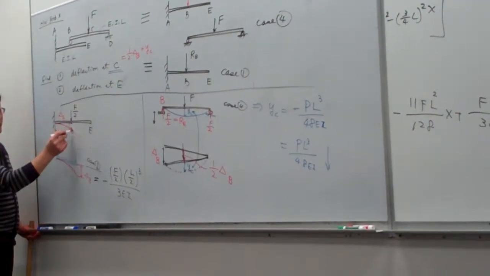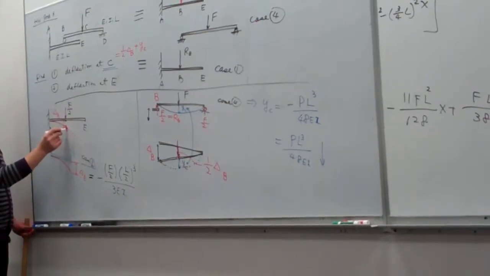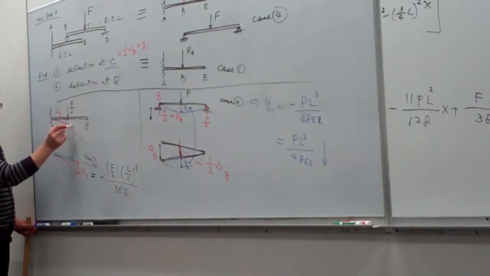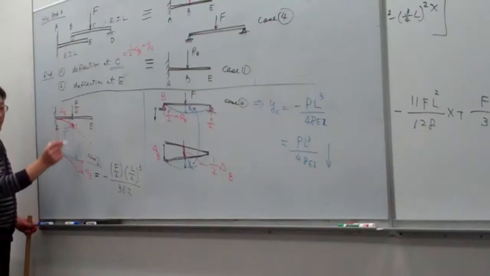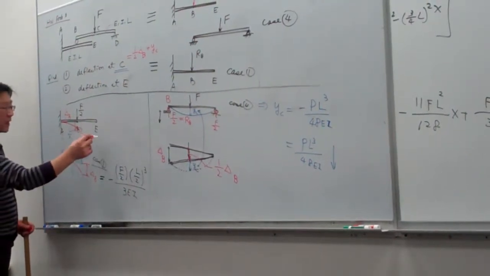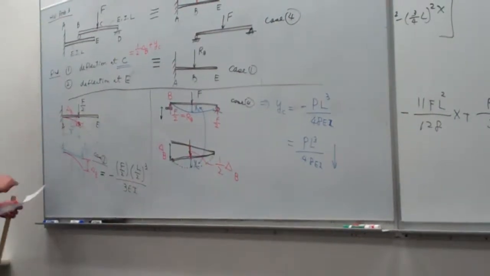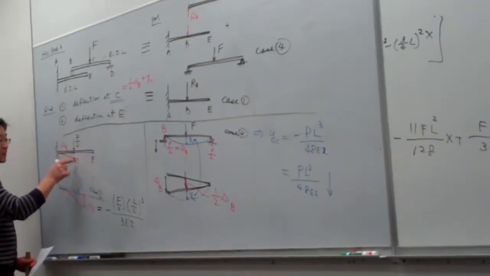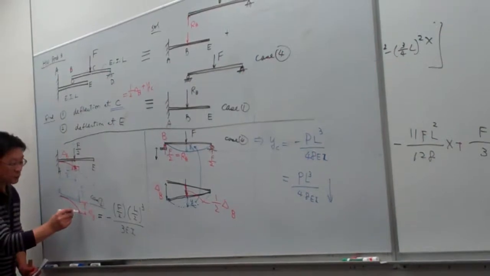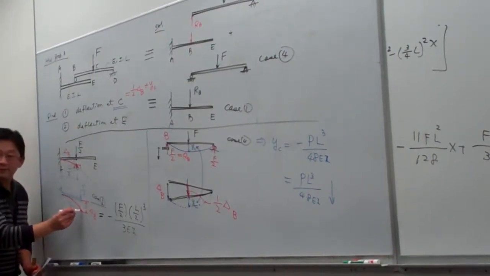So right now I'm drawing here, at this point, we calculate what the angle is. The angle is theta. So from case 1, we can calculate the theta. That theta is the slope here, right?